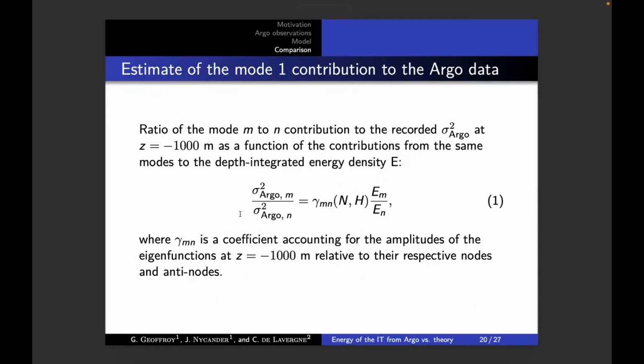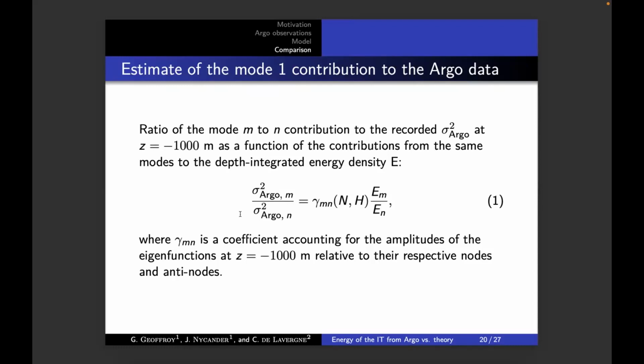And we also need then an estimate of the energy modal partitioning. So actually that's a big deal because we don't have that, and that's what we are after. But we can get estimates of that, for instance, from a numerical simulation. So that's what I did there. I used ICOM to estimate this modal partitioning of the energy.